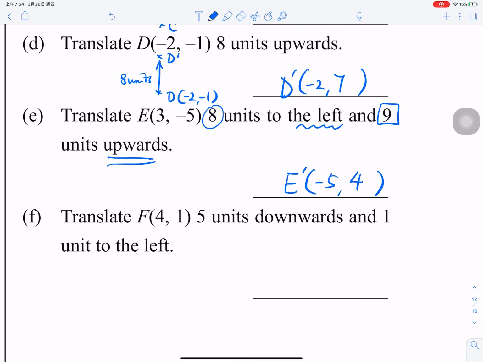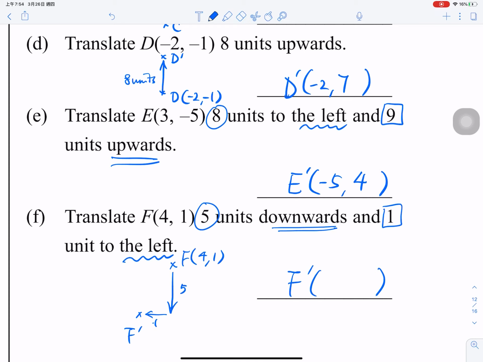And the last one. Translate F 5 units downward and 1 unit to the left. So what is the image of F? F here downward 5 units and then 1 unit to the left. So image of F is here.